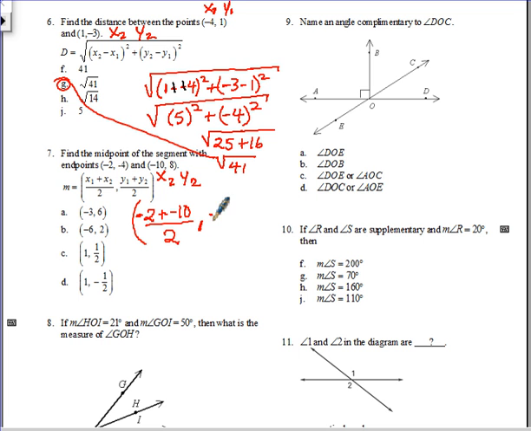And then we're going to add negative 4 and 8 divided by 2. So this is going to be negative 12 over 2, and we're going to have 4 over 2. So I have negative 6, comma 2, which is B. Yes?